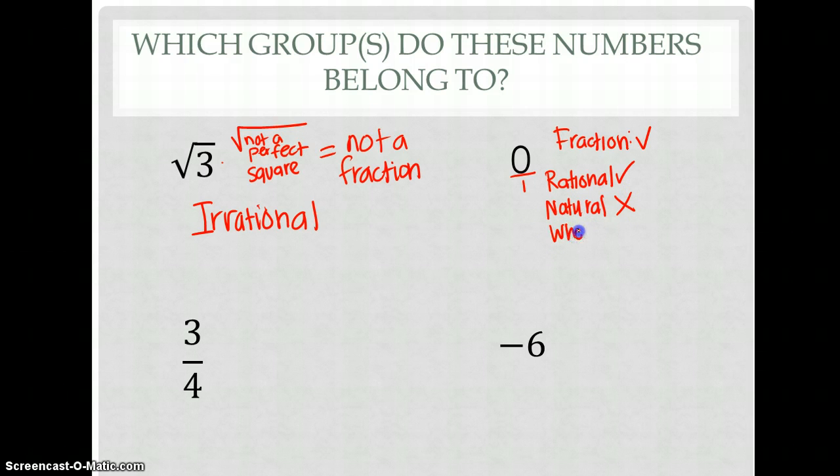Is it a whole number? Well, yeah. Whole numbers include 0, 1, 2, 3, on and on. The next biggest group would be integers. If it's a whole number, it automatically has to be an integer. If you go back and look at that Venn diagram, it makes sense that a whole number would have to be an integer, would have to be rational. So we want all the categories that a number belongs to. I'm going to leave 3/4 and -6 for you to complete on your own, all the categories that those numbers belong to.